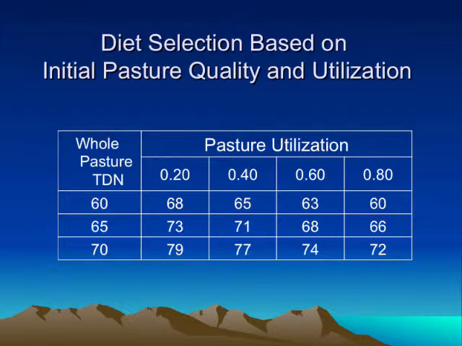But being a person that normally likes to look at high quality feed like everybody else, let's just pick this pasture right here. This is the whole pasture TDN, total digestible nutrients of 65%. We basically went out there and cut it at ground level, put animals out there and grazed it to different levels of utilization.